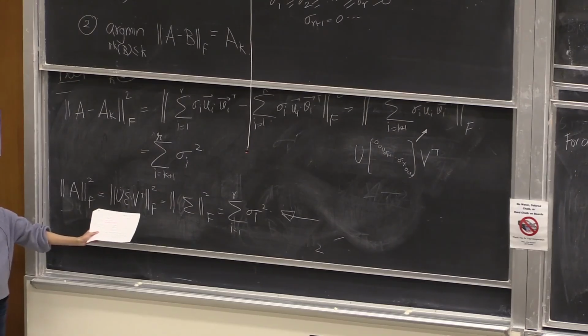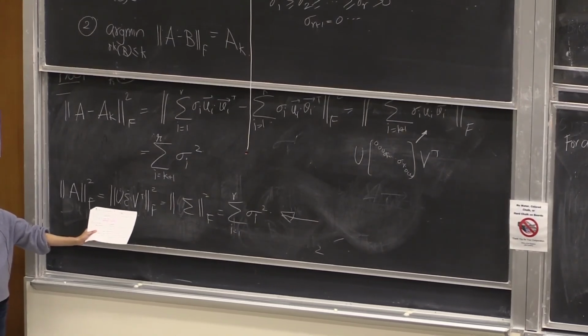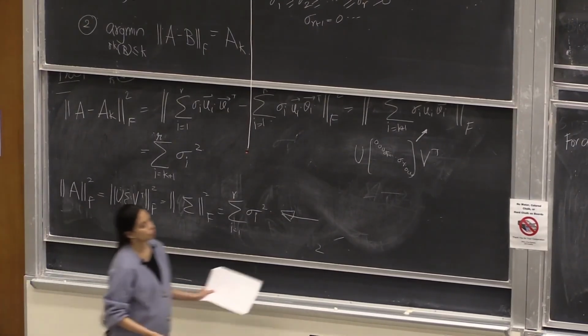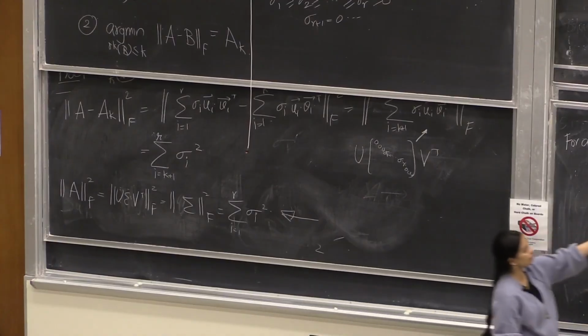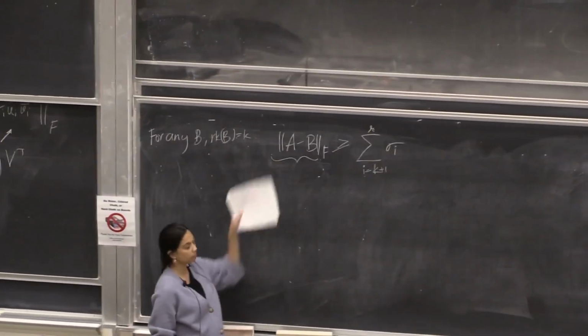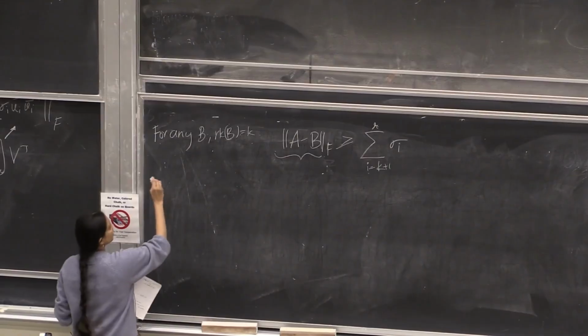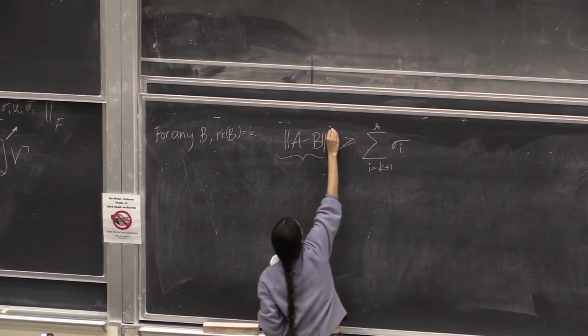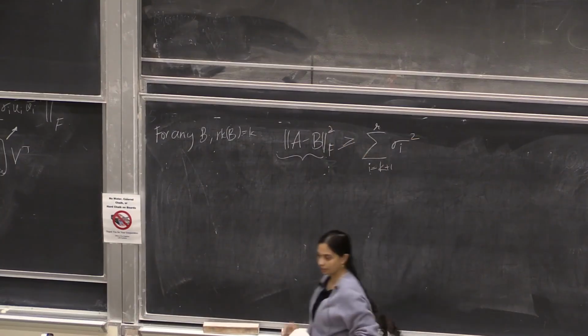Because we proved last time that the Frobenius norm is invariant to orthonormal transformations. Okay? So when I think about the Frobenius norm of this matrix here, I should have squares everywhere, sorry. Thank you very much.